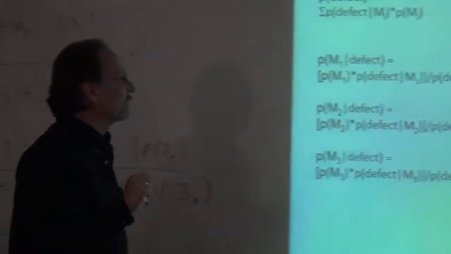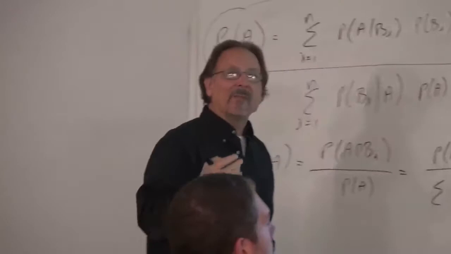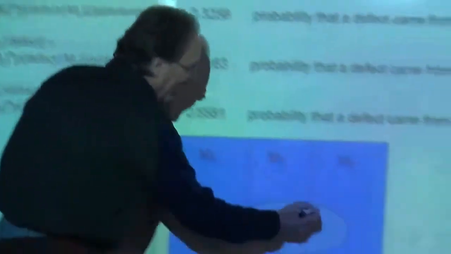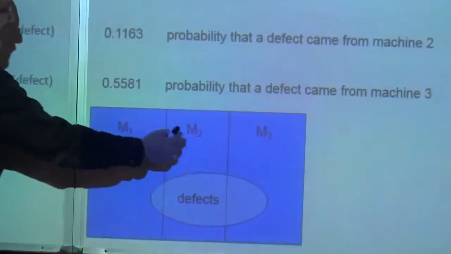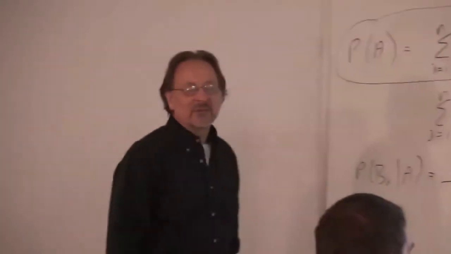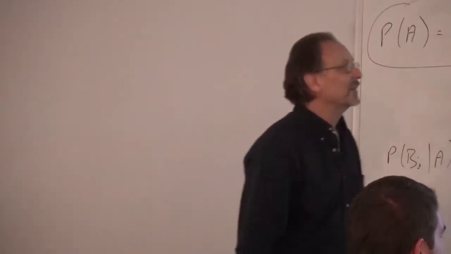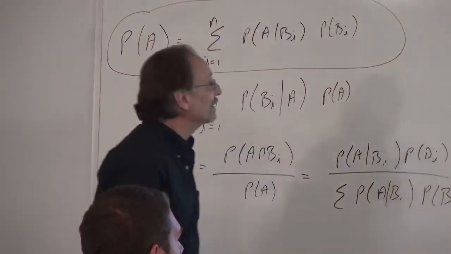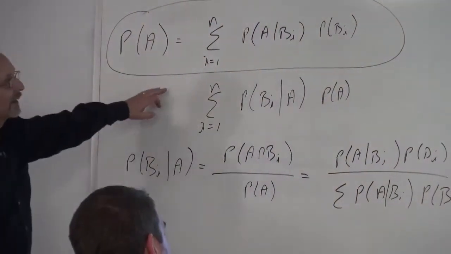And that's a slightly different question, because now I'm already in the set of defects. I'm already down here. And I want to know what's the probability that it came from each one of these machines. And that's phrased slightly differently than what's the defect rate for machine 1, and the defect rate for machine 2, and so on. So now we're using, again, this result right here.